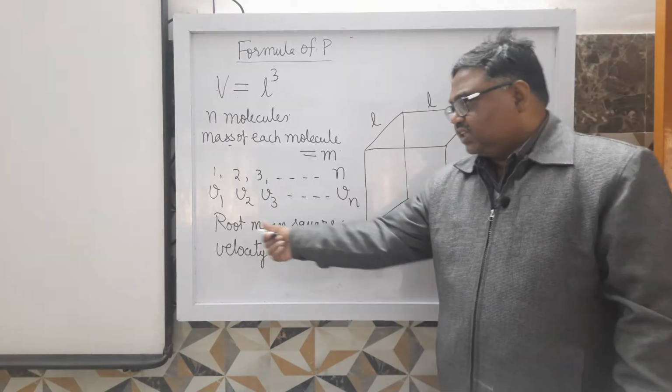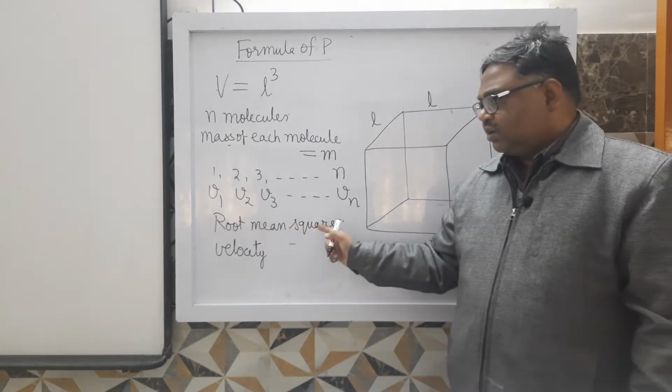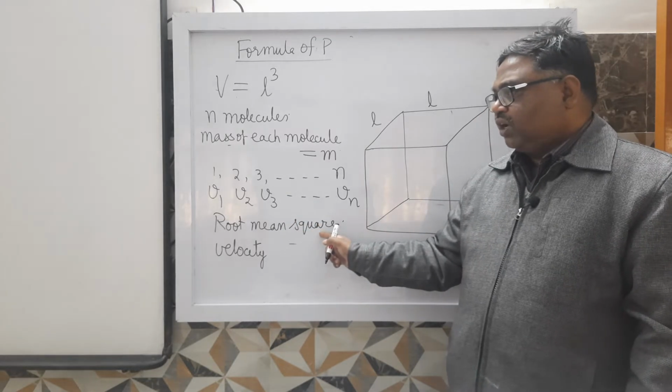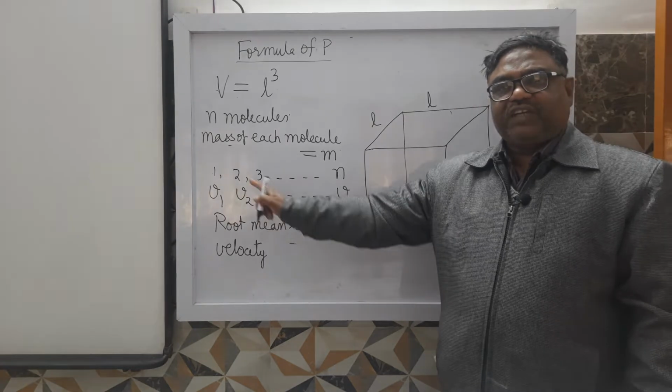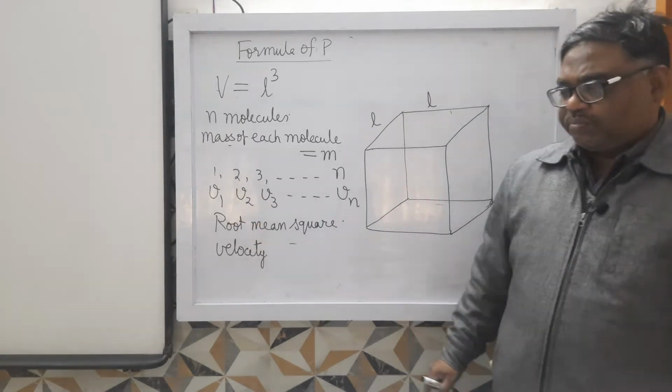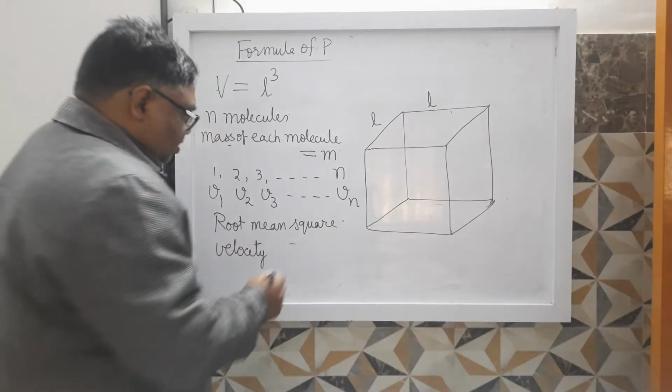It is written in this way, but it is done in calculation. First we find out the square, then we will find out the mean of those squares, and then we will take the square root. Means you can see here the mean of their squares.